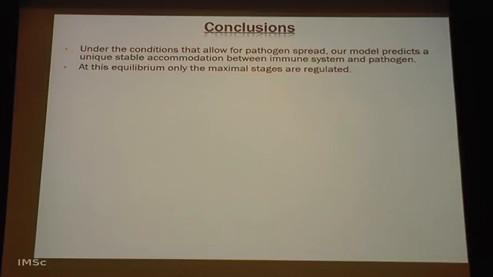This is something that is also, from an immunological point of view, maybe counterintuitive. So it looks like in an infection that goes through a cycle like this, you can actually get away by regulating the stages that are more important, and the other ones you don't need to care about because those are indirectly regulated through the cycle.